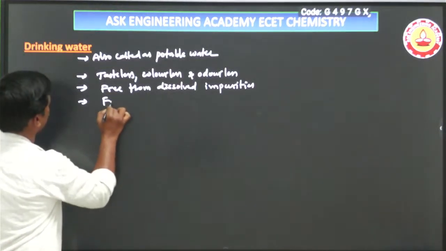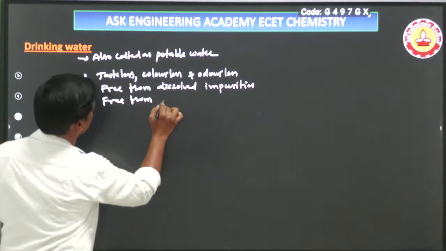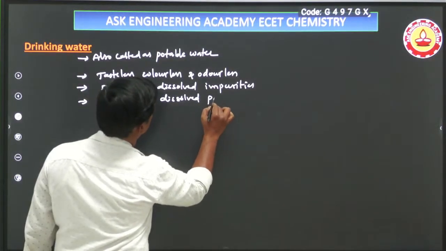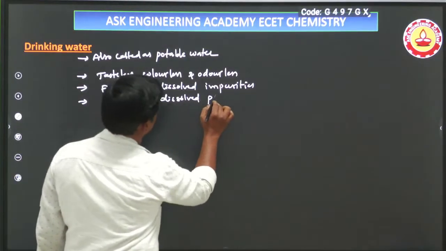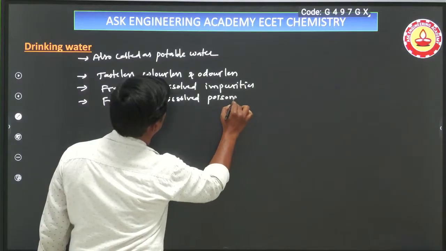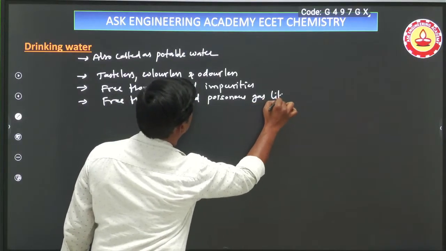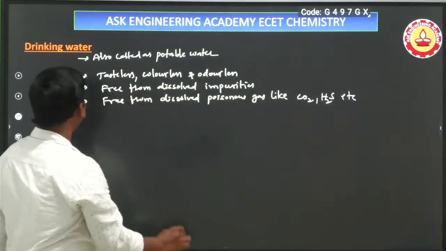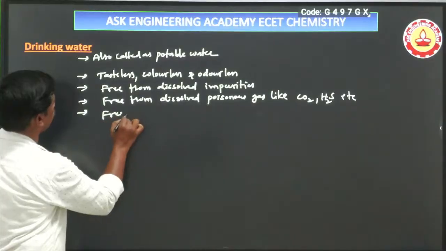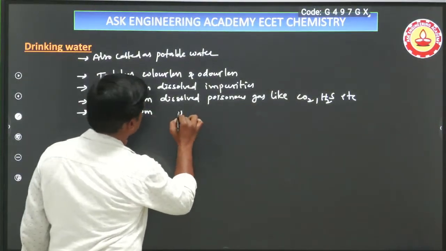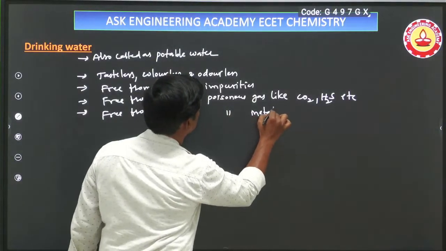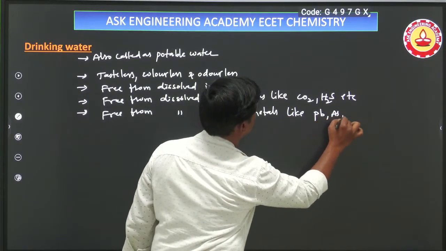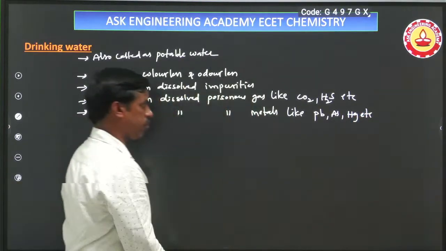It should be free from dissolved poisonous gases like CO2, H2S, etc. Next, it should be free from dissolved poisonous metals like lead, arsenic, mercury, etc.